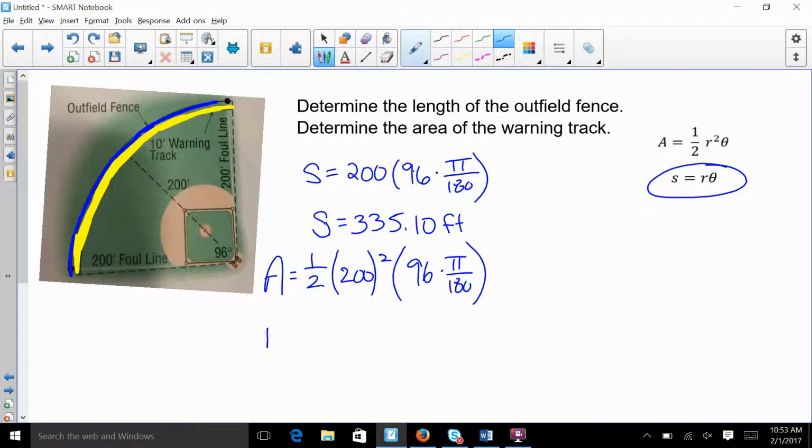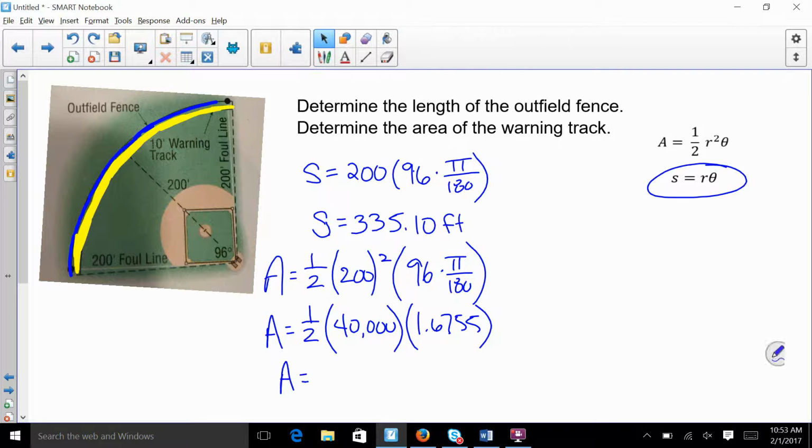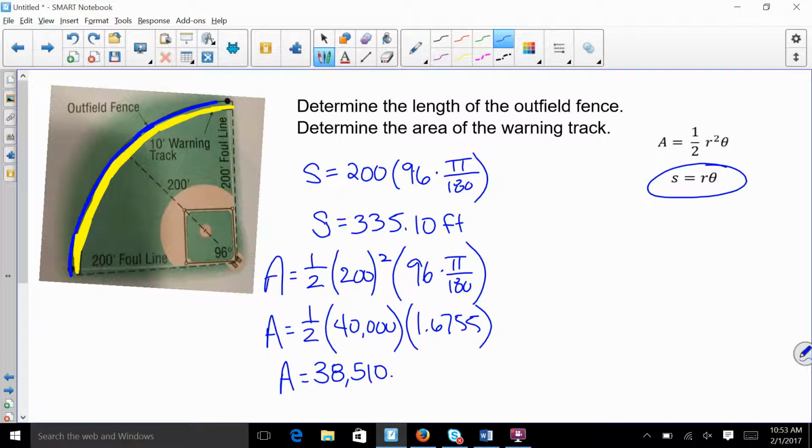So when I multiply that together, I get 1/2 times 40,000 times 1.6755, and that is going to give me an area of 38,510.32. We'll round it here to the hundredths place. So that's the whole baseball diamond.